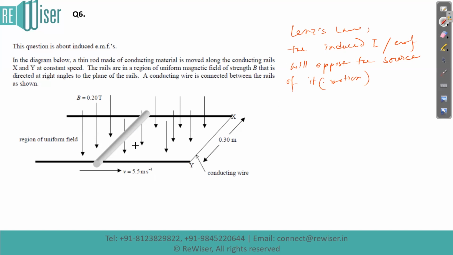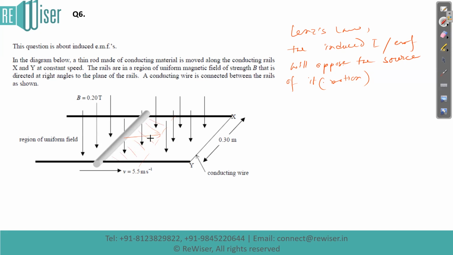Because of the change of flux, there will be induction of EMF, which induces current. Now, why is the flux changing? Because it is moving. It is moving, and in this process, it is covering more and more area.